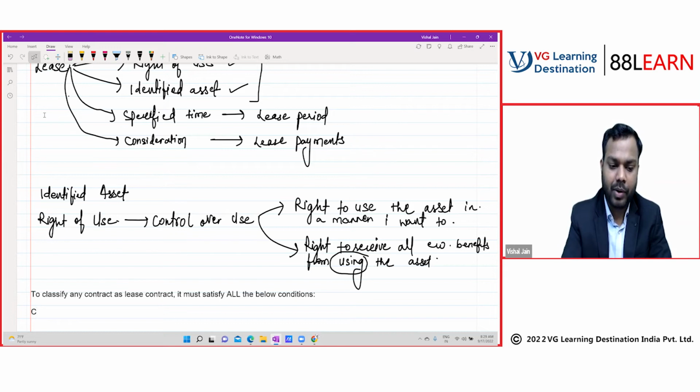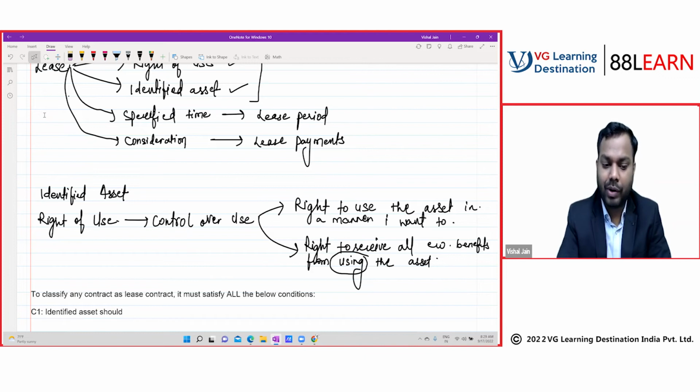Now, what is condition number 1? Condition number 1 is that an identified asset should exist. We'll discuss what the meaning of identified asset is.